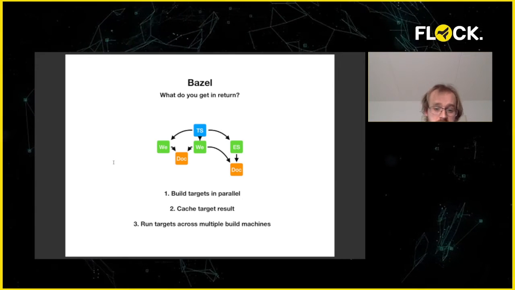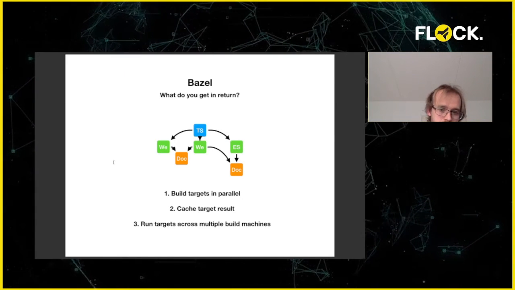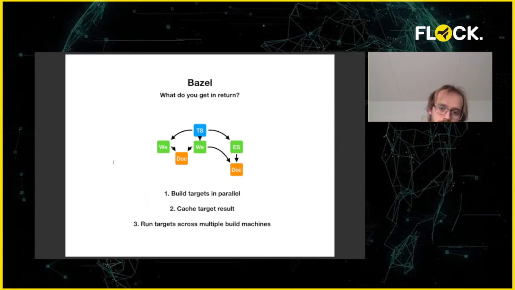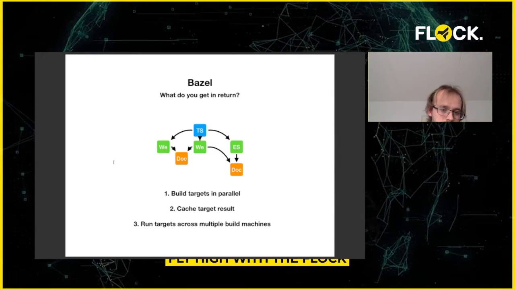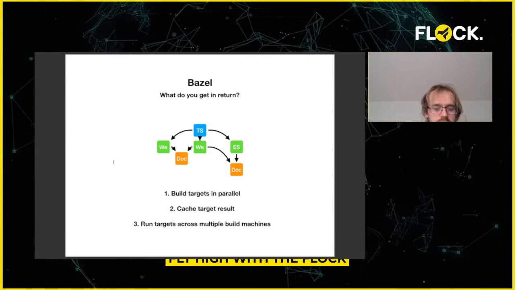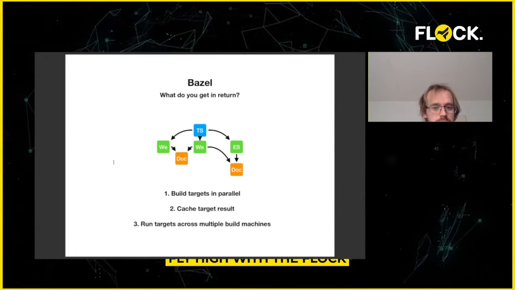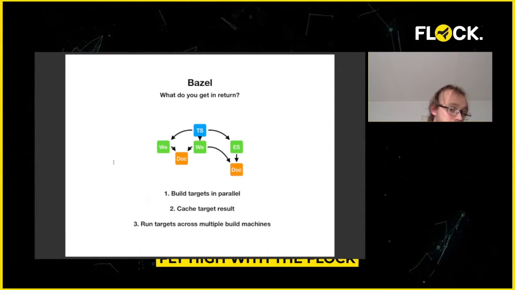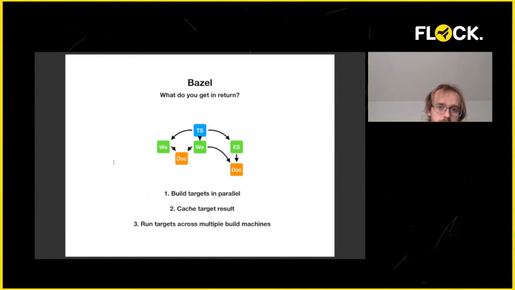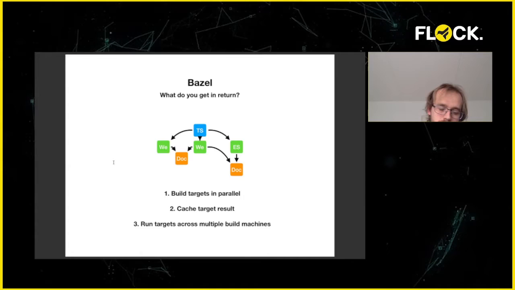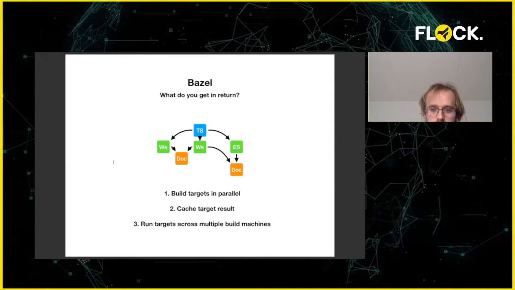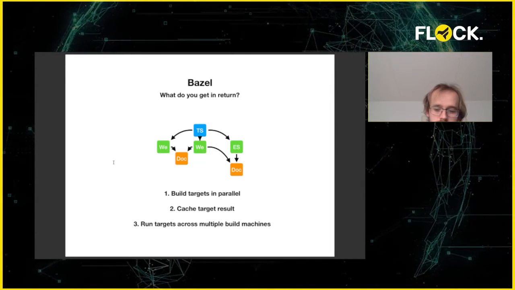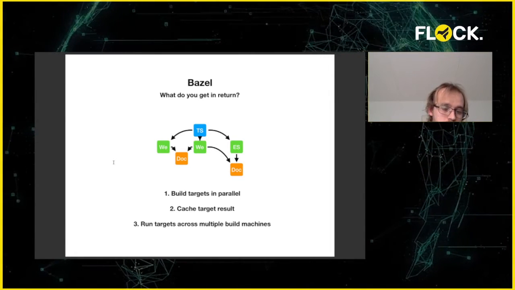We can also create a sandbox on a different machine, copy over all the input files, and execute the command that we need to execute, and then transfer the output files back when we get the result. So that's the third thing that we get, and it also gives us a good speed up, especially if we have to build more than one application in a single build.